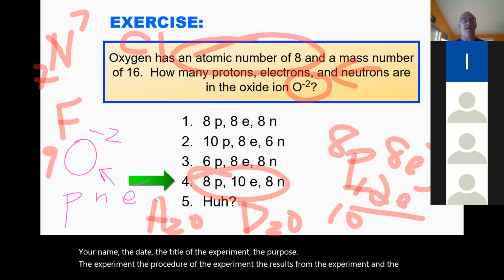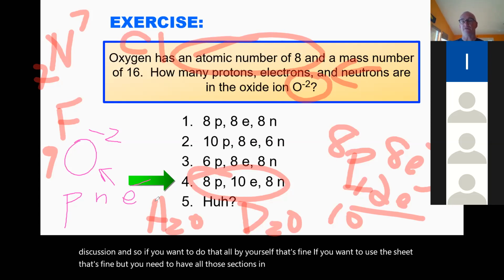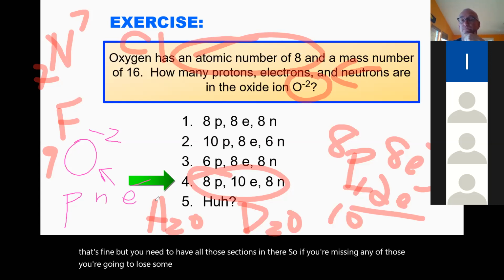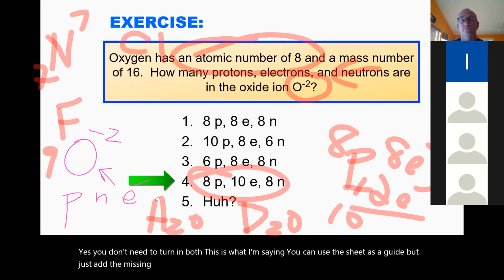If you want to do that all by yourself, that's fine. If you want to use the sheet, that's fine. But you need to have all those sections in there. If you're missing any of those, you're going to lose some points on the report. You don't need to turn in both. You can use the sheet as a guide, but just add the missing parts to it.